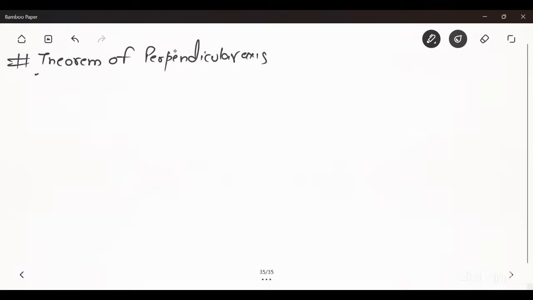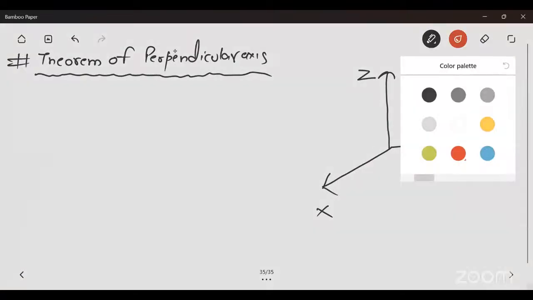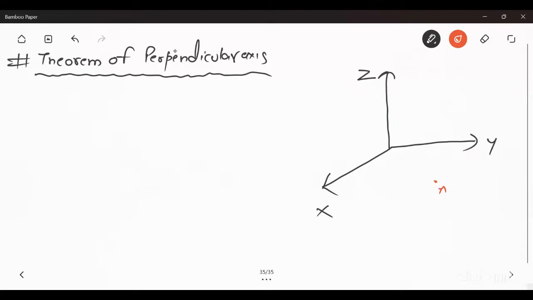Suppose that is your y axis, that is your z axis, that is your x axis. Now I am taking any point A here. So A will be here. This distance of A is known as x. This distance of A is known as y because it is parallel to y, and this is parallel to z. So it is equal to z.